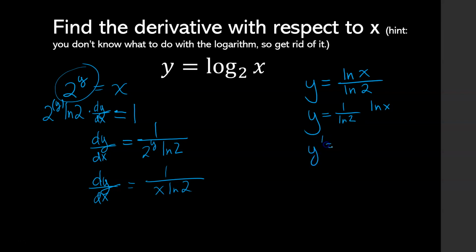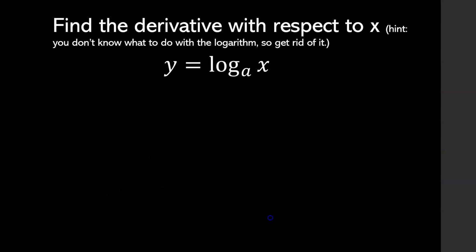And so the derivative of a constant times something is that constant times the derivative of that something. Derivative of natural log of x is 1 over x. Okay, there we go. Two good ways to go, both based on things we already know.